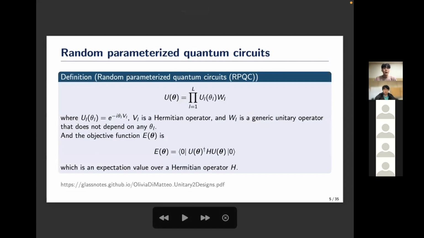Now, I review the first paper that mentioned barren plateaus. In the paper, they discussed random parameterized quantum circuits.